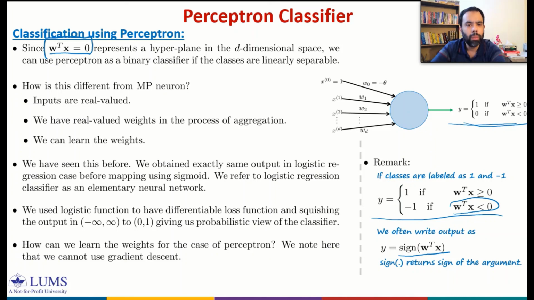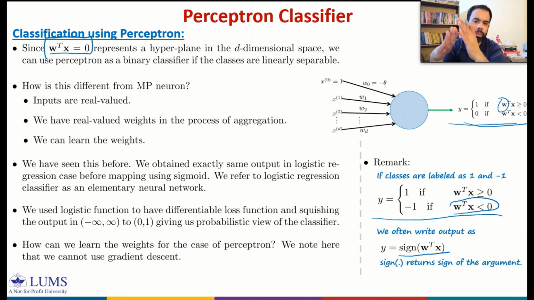So now we have a good understanding of the perceptron classifier that simply represents a hyperplane in the d-dimensional space. This hyperplane is parameterized by this vector w. Right? If you get a test point, you simply take an inner product with w.